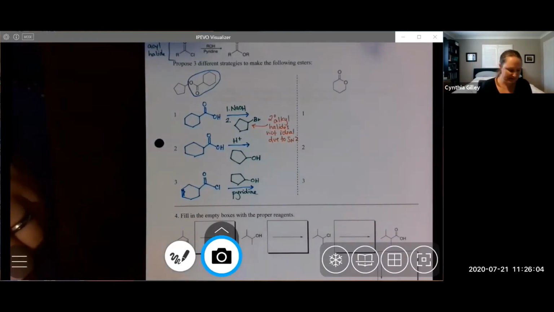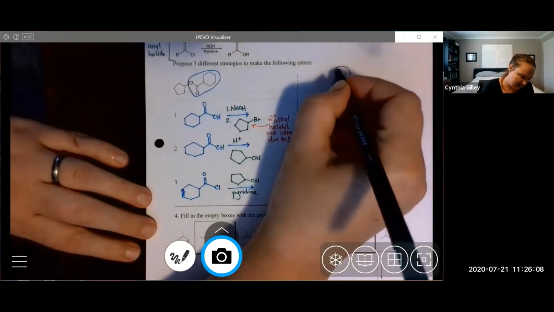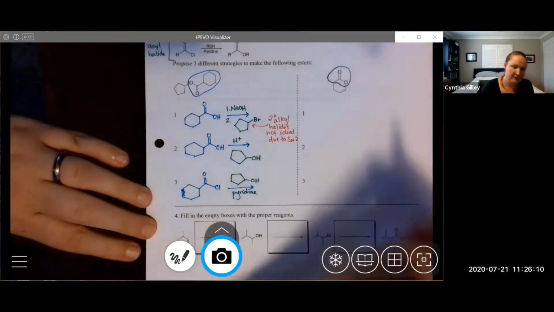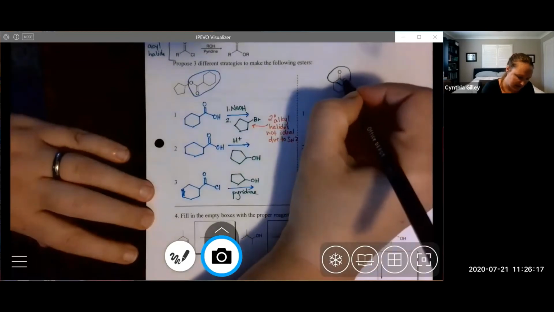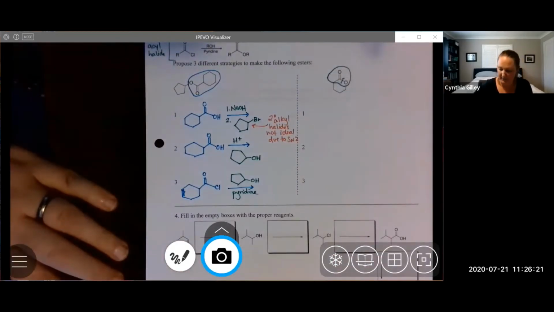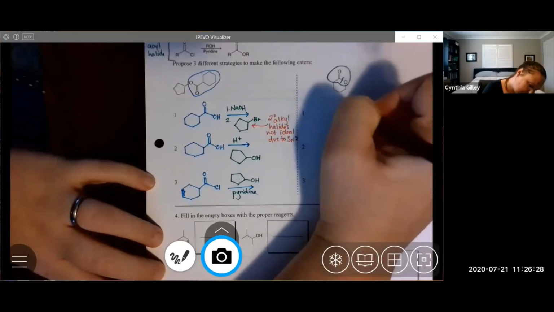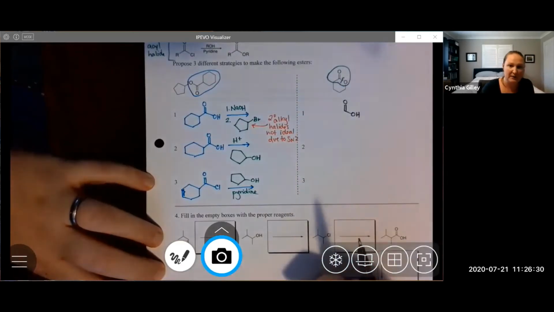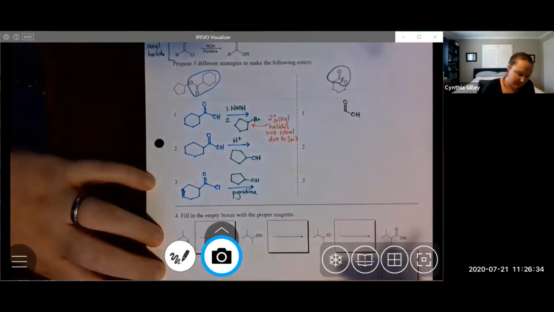This one is a little bit more challenging, because it's an intramolecular reaction here. We're going to be making this bond, but this is the carboxylic acid side. So how about we draw the carboxylic acid, and then we think about how many methylenes: 1, 2, 3, 4.